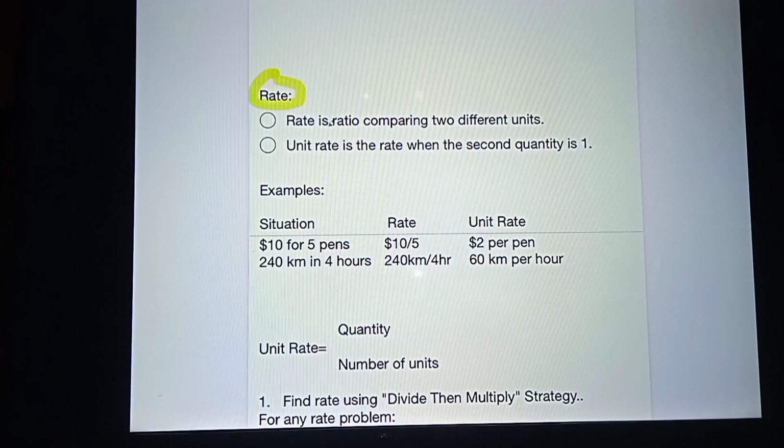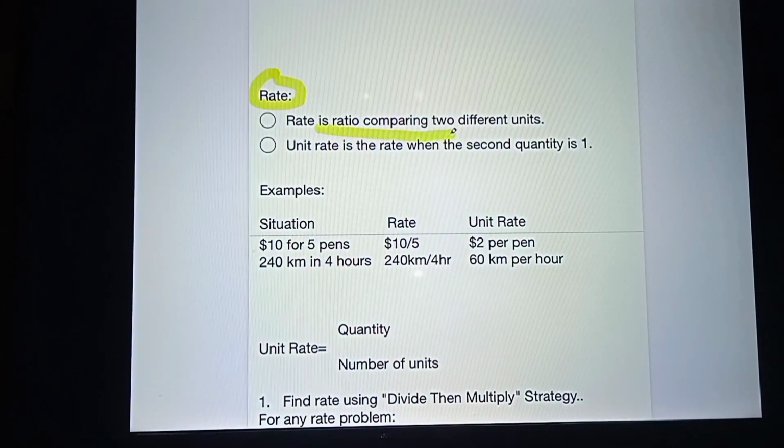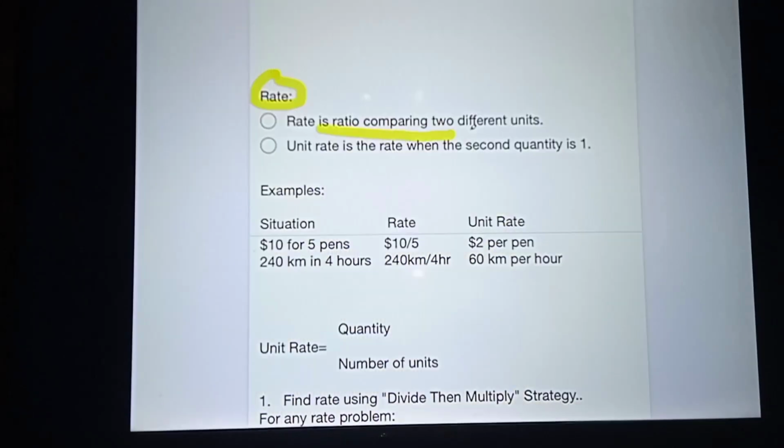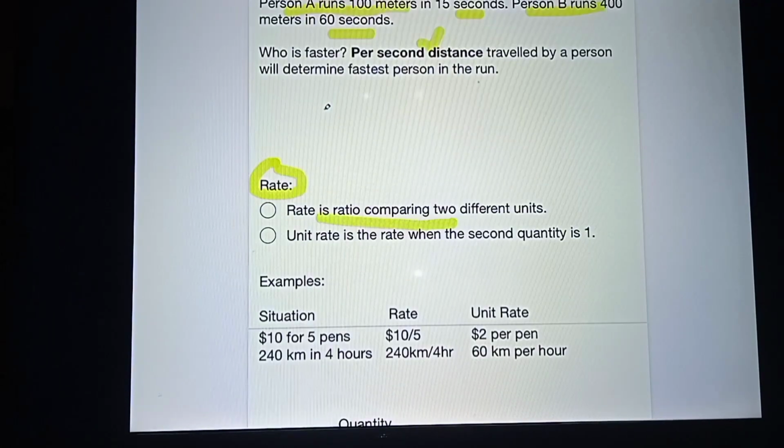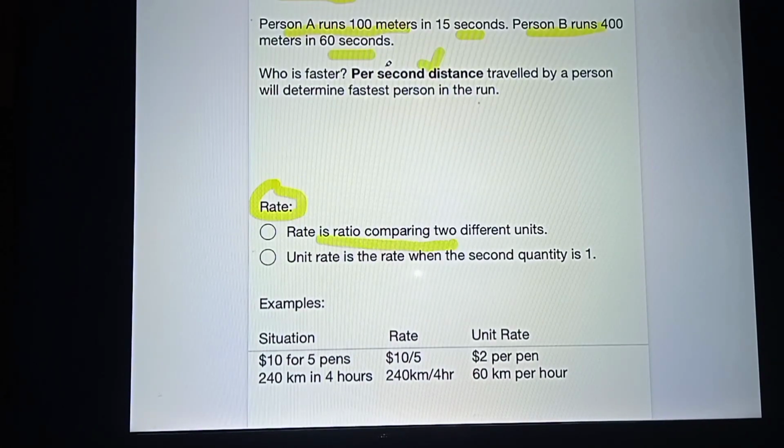Let's define rate. Rate is the ratio comparing two different units. Remember that these two different units are important to note for rate. Like here, one unit is meter and another unit is second.